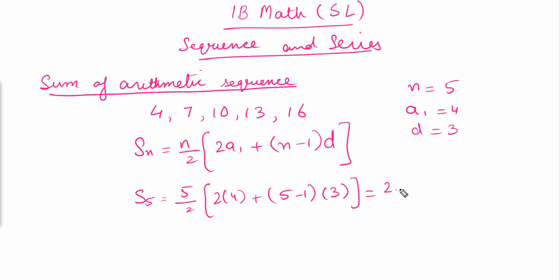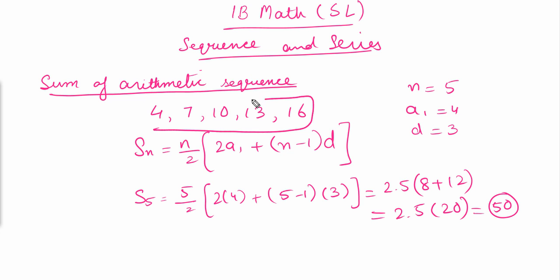So it'll be 2.5 times (8 plus 12). So it will be equal to 2.5 times 20. So that will be equal to 50. So the sum of all of these terms will be equal to 50. So this is the formula that you can use to find out the sum of the arithmetic sequence.